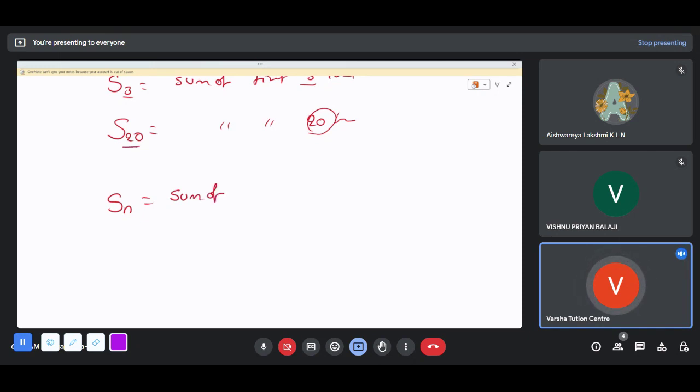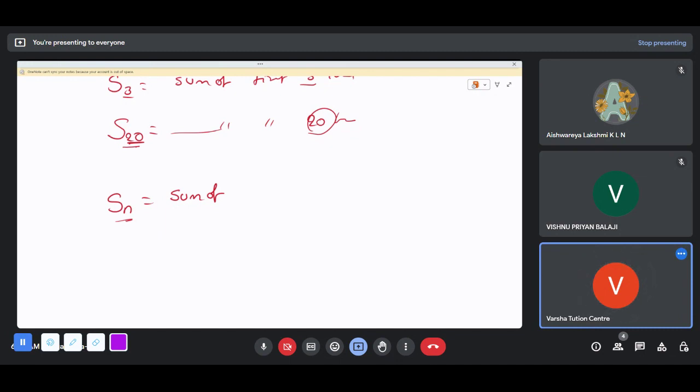Sum of 20th term. Yes, now why are you saying Sn means sum of nth term? This is how you pronounced this statement. How do you have to pronounce this statement then?